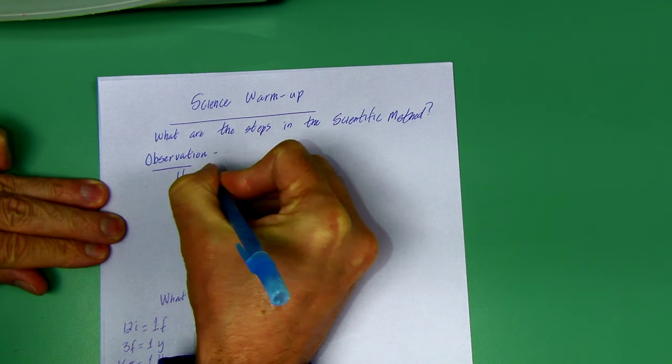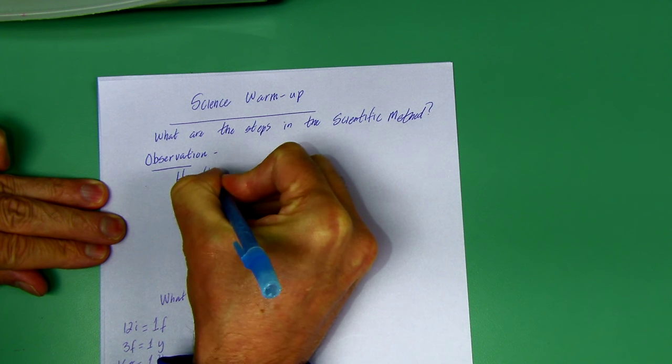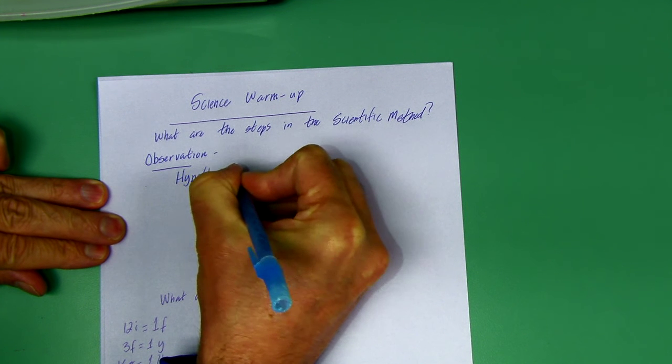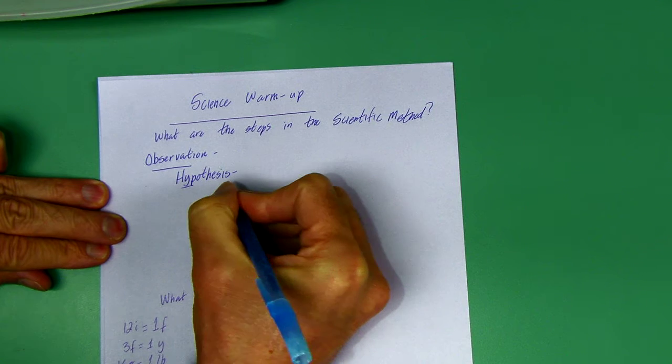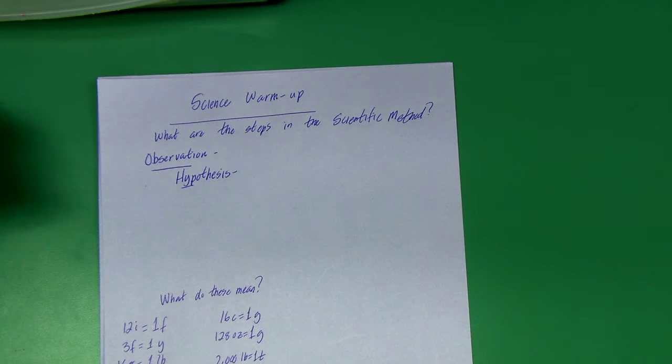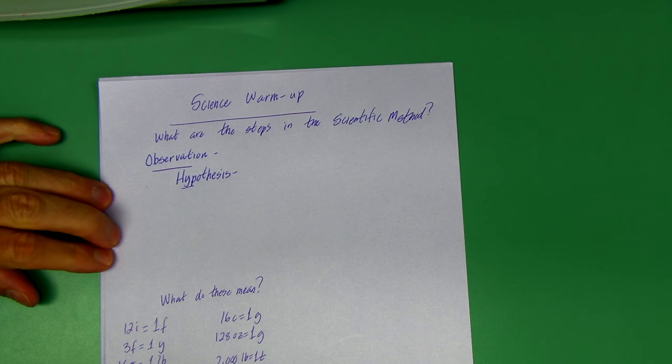And remember, hypo means underneath, and thesis means idea. So a hypothesis is the idea beneath it all. It helps explain something, and you might be predicting, hey, this is going to happen because of this. That might be part of your hypothesis.